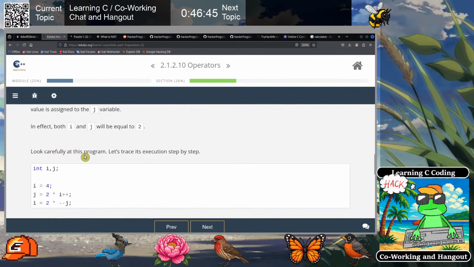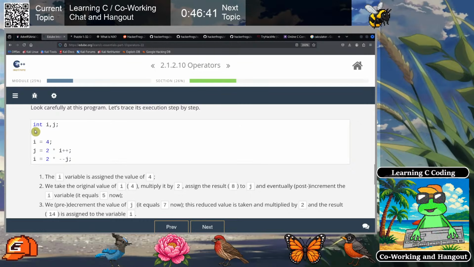Okay, look carefully at this program. Let's trace its execution step by step. Integers i, j. i equals 4, j equals 2 times i plus plus, so i is incremented. i equals 2 times decrement j.